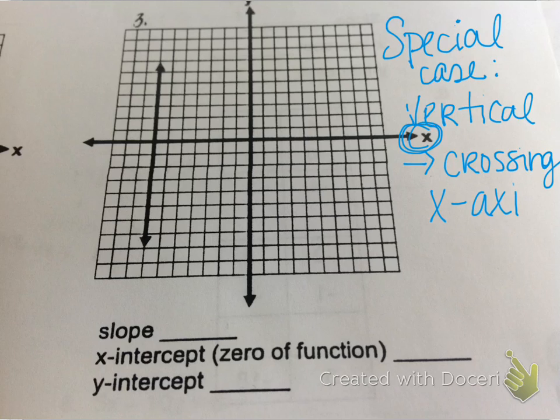So then my equation has to be x equals some number, wherever it crosses that x-axis. In this case, I cross here on the x-axis at negative 7. So my x-intercept is going to be (-7, 0).